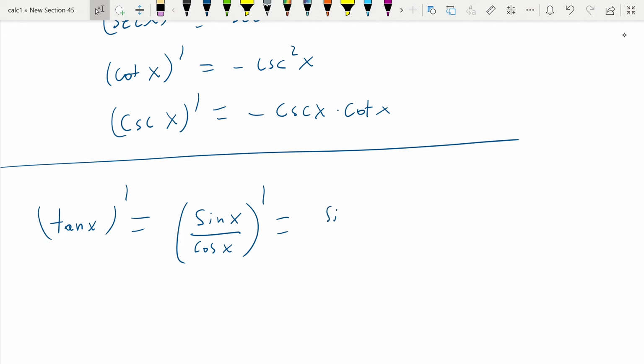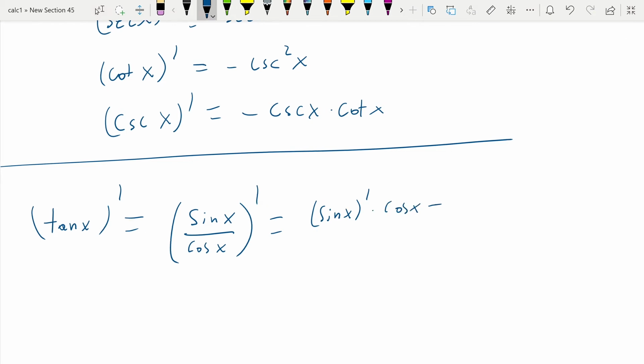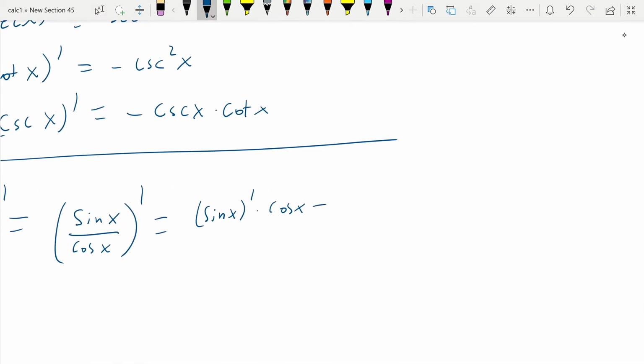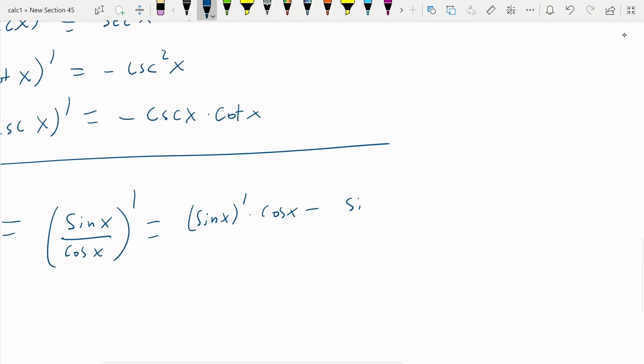So what does it say? We have to compute the derivative of sine times cosine, minus sine x times the derivative of cosine, all of that divided by the denominator squared.